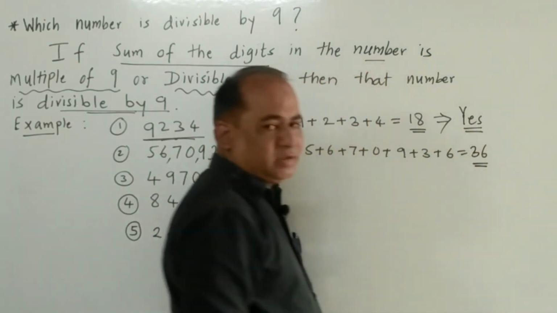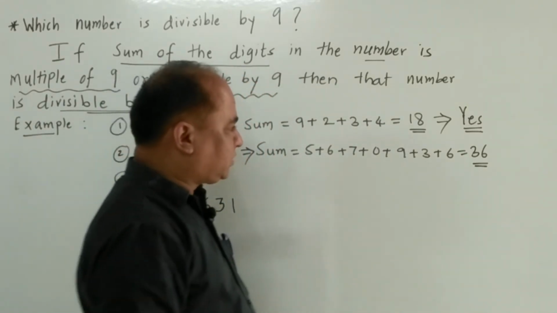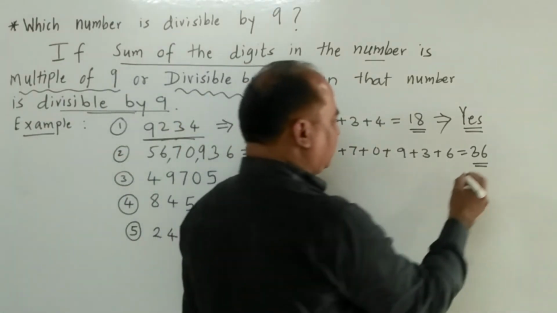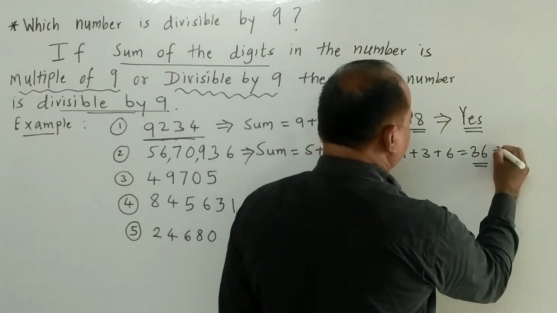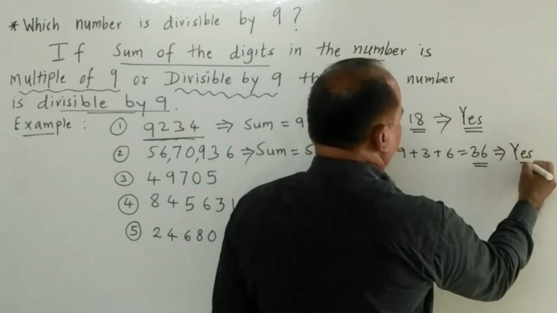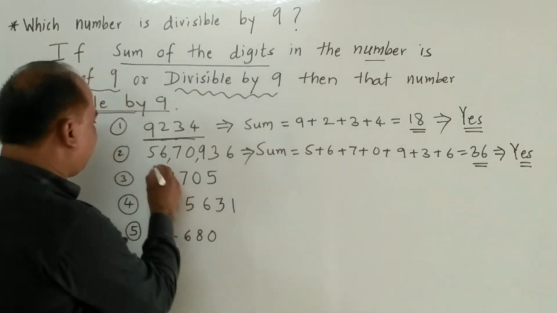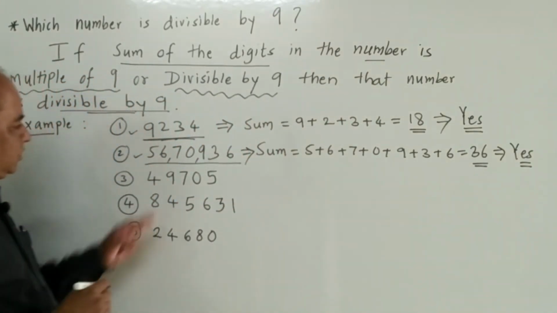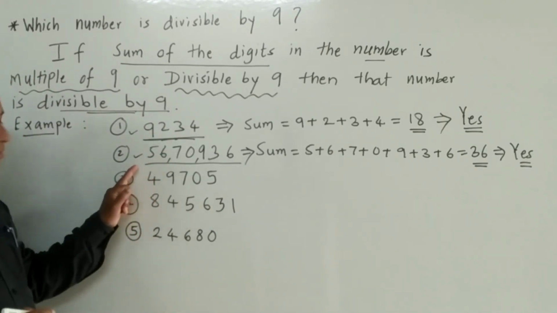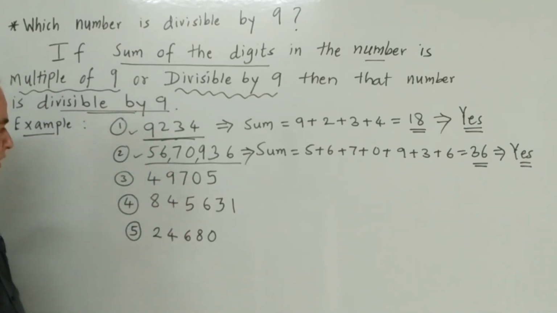Is 36 a multiple of 9? Yes, 36 comes in the 9 table. 9 fours are 36. So this big number is divisible by 9. If you divide this number by 9, you will get remainder 0.